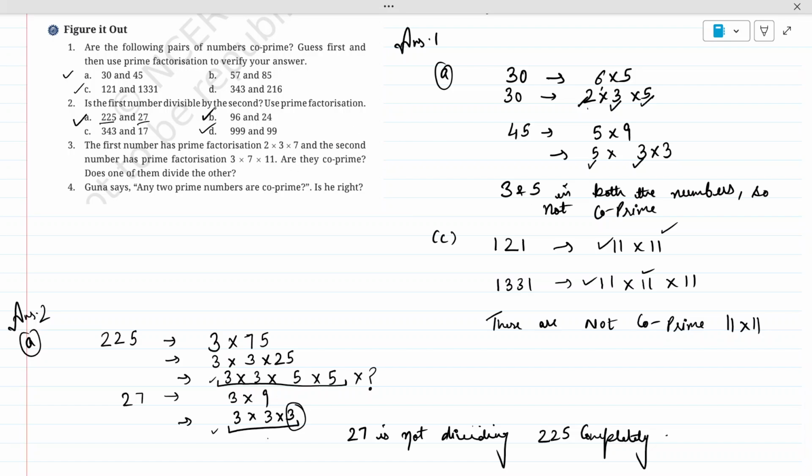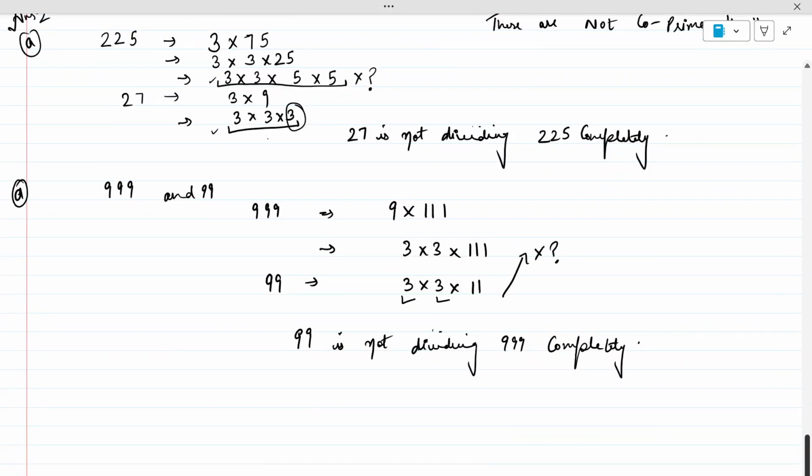Let's try and see what is there in B. The numbers are 96 and 24. For B, we have 96 and 24. So 96, we have 3 multiplied by 32.